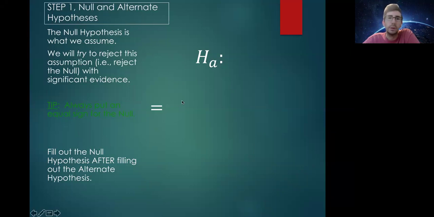And then we know what to put in the null hypothesis, that the mean is equal to 35 in that example. So again, the question is asking us to test that it's greater than or less than this. That's what we put in the alternate. We're going to try to reject the null, which is what we assume. And again, that's that it is equal to that same value.